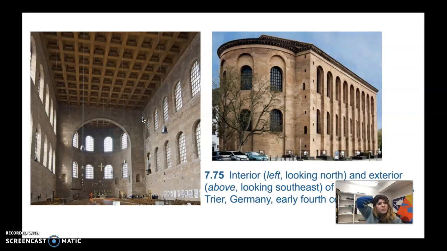And it doesn't have any aisles. It's just totally open. The ceiling is 95 feet high, and the windows provide a lot of light into the interior. There are 2 stories of windows. And at the end, there's an arch here, and then another rounded apse area.